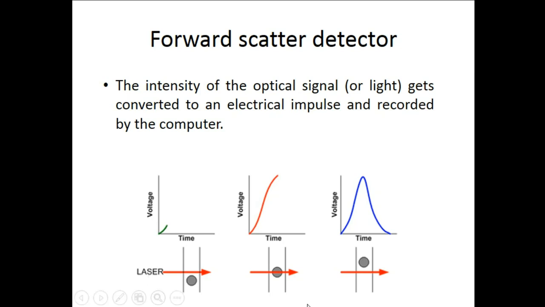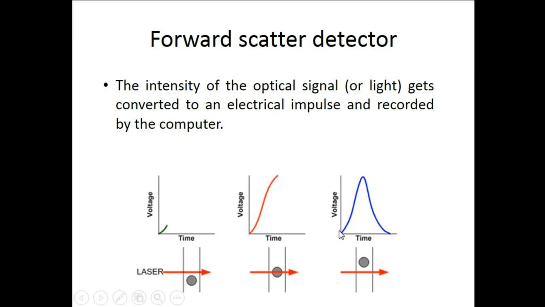If you look at this first graph, when the cell is not in line with the laser, you get low or no voltage. But as the cell makes its way and interacts with the laser, the voltage goes up in the detector. And when the cell passes through the laser, the voltage goes back down.